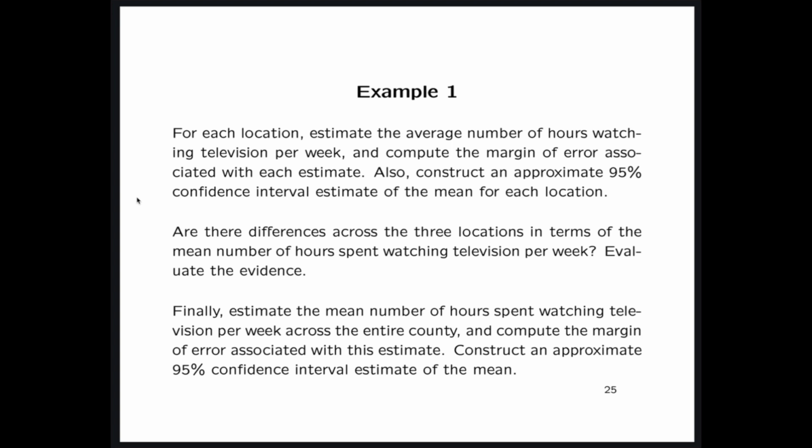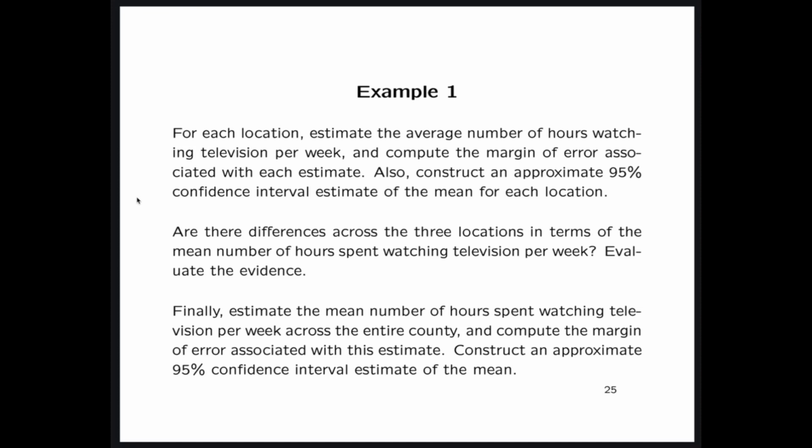Okay, so what are we to do here? Well, for each of the 3 areas, Town A, Town B, and the rural area, estimate the average number of hours spent watching television per week and compute the margin of error associated with each estimate. In addition, construct an approximate 95% confidence interval estimate for the mean for each location.